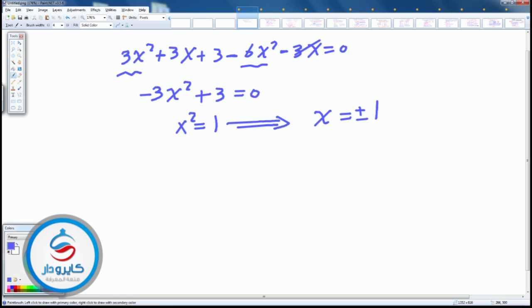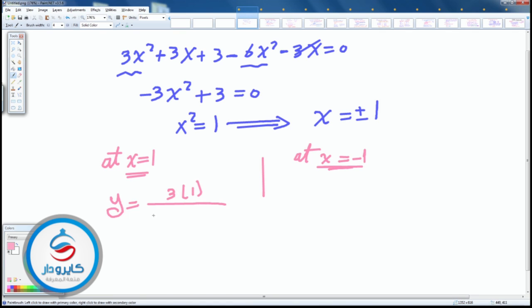Again, we are going to find the value of y by substituting x equals 1 and x equals negative 1. So y equals 3 times 1 over 1 squared plus 1 plus 1, which will be 1. That means the first point is (1, 1).